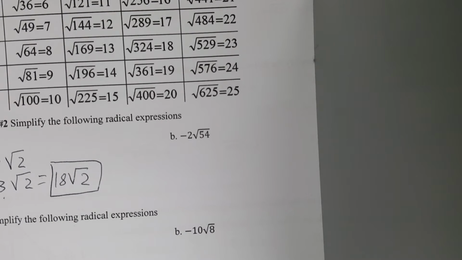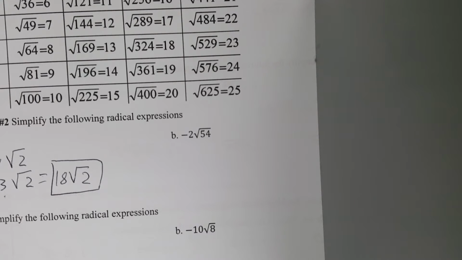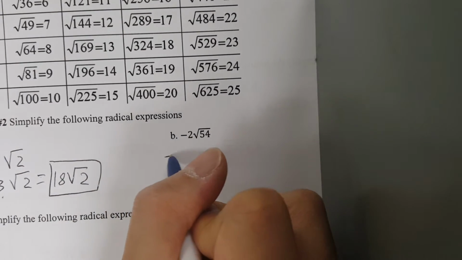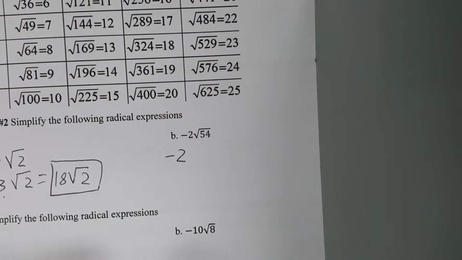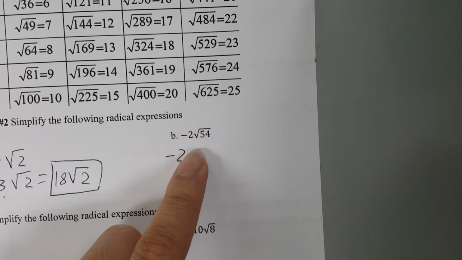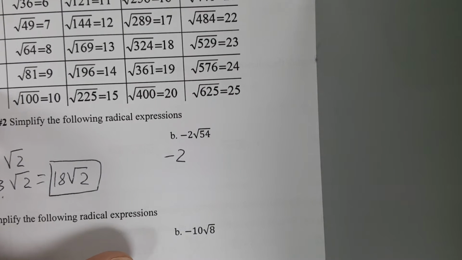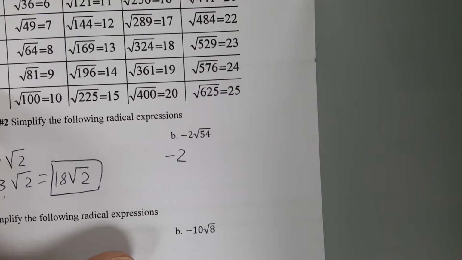Okay. So let's try that again. Let's try negative 2 square root of 54. So now I leave the negative 2 there. And now I ask myself, what is the largest number that can go into 54? Well, if I look here, let's see, is it 16? 16 times 4 is 64, so that's not it. 9.